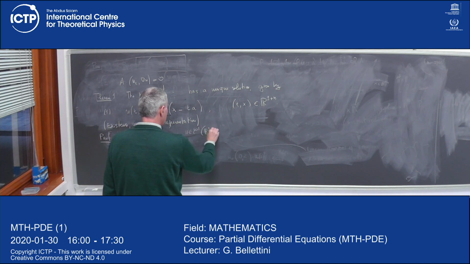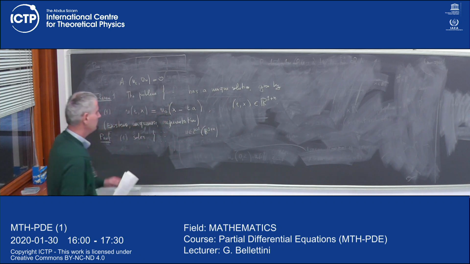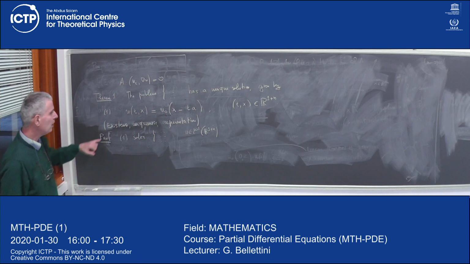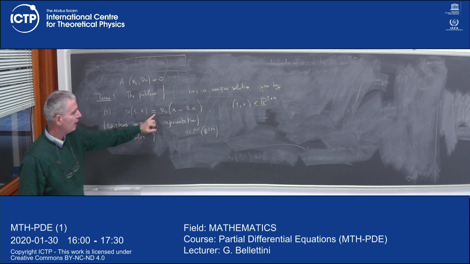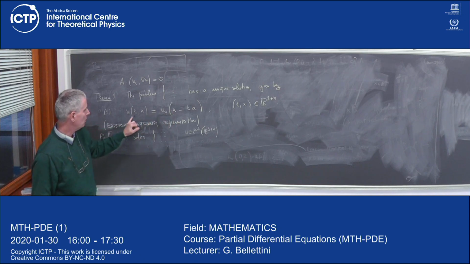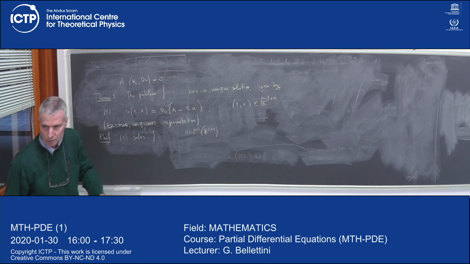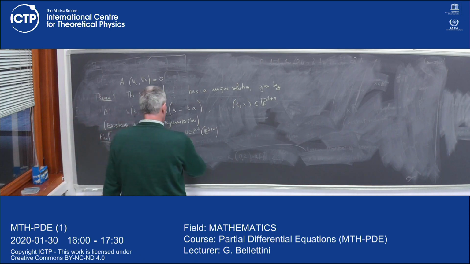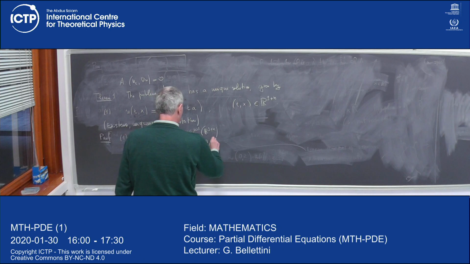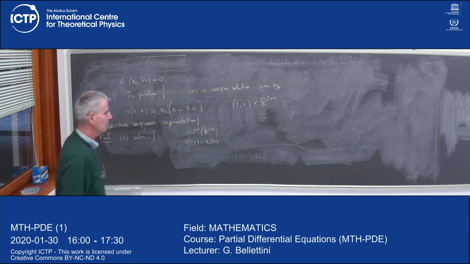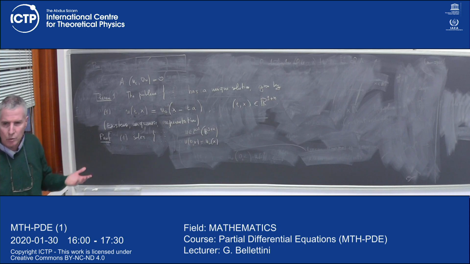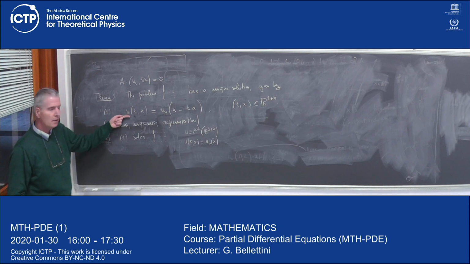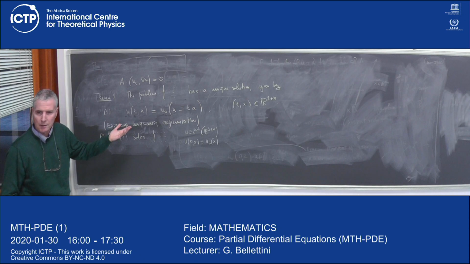This is clear. What happens at time 0? When I put t equals 0 here, I get u0 of x. And so also the initial condition is attained.